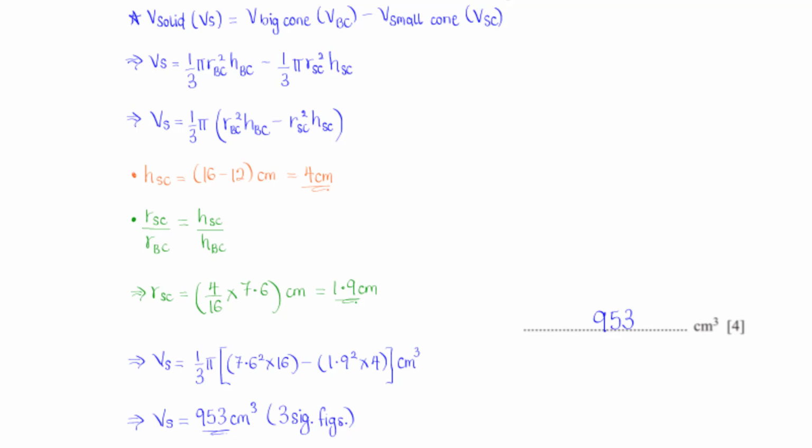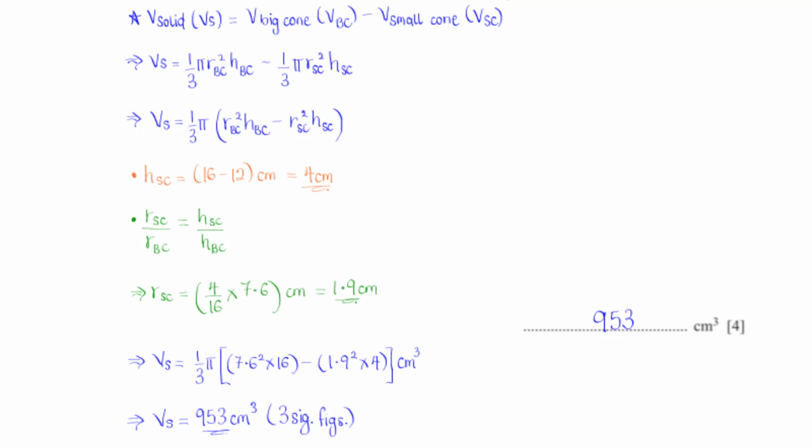And so when we set up our ratio, we have the radius of the small cone divided by the radius of the big cone is equal to the height of the small cone divided by the height of the big cone. And so when we slot in all the values that we have, we get the radius of the small cone as equal to 4 over 16 times 7.6 centimeters, and that is equal to 1.9 centimeters.